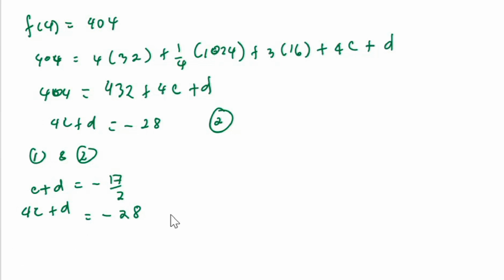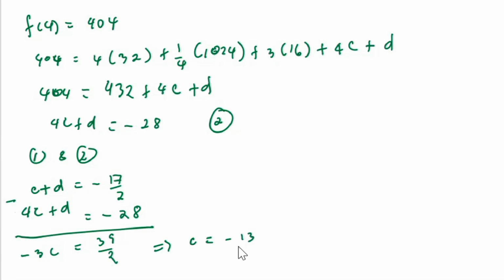So by subtracting, we have negative 3c is equal to negative 17 over 2 minus negative 28, which gives us the difference of 39 over 2. And solving for c, we have c is equal to negative 13 over 2.